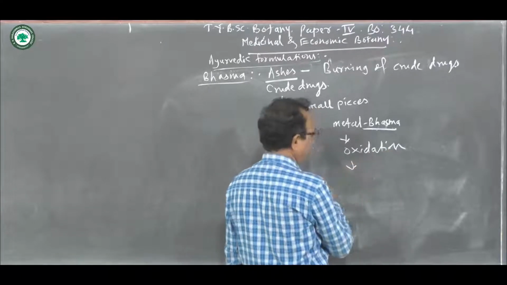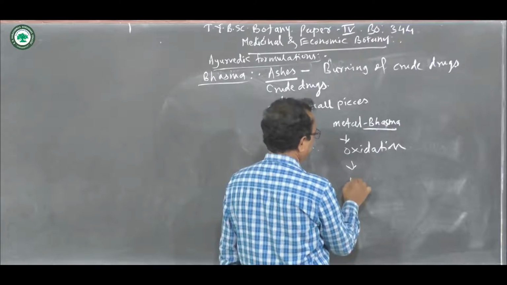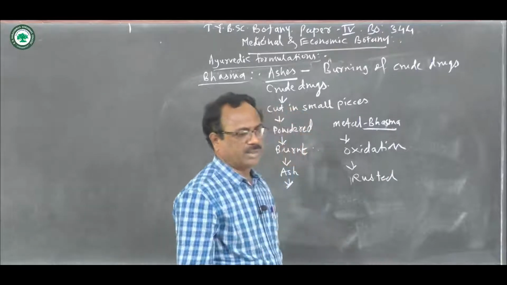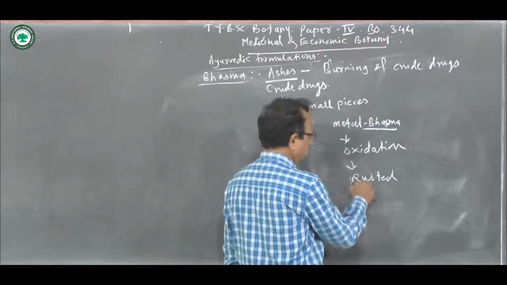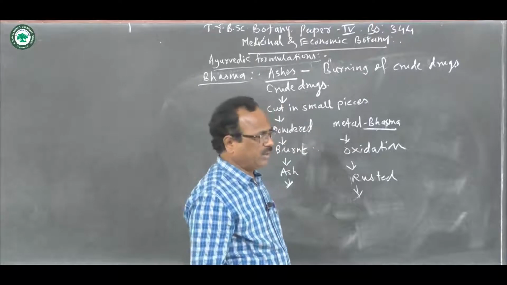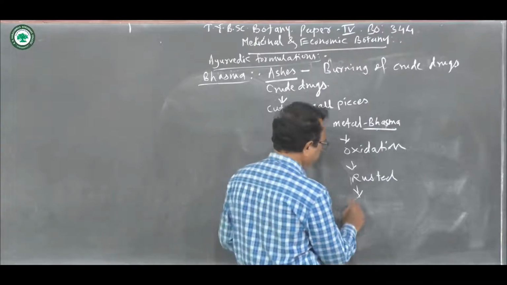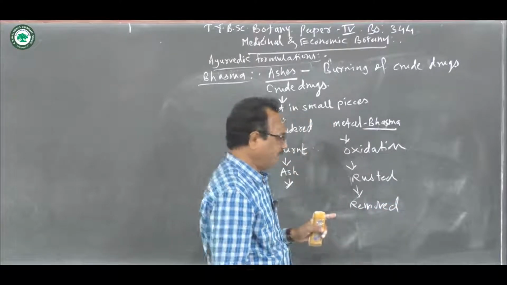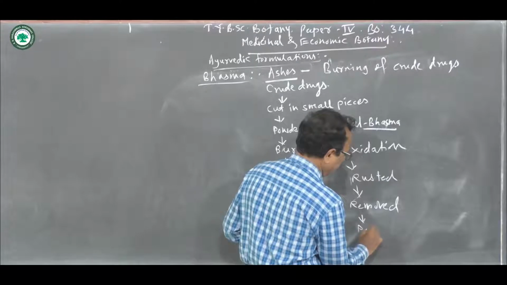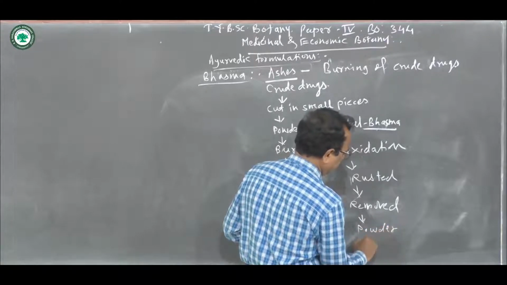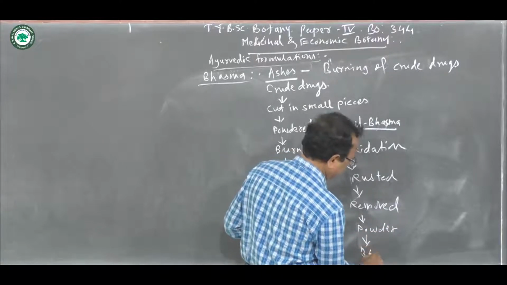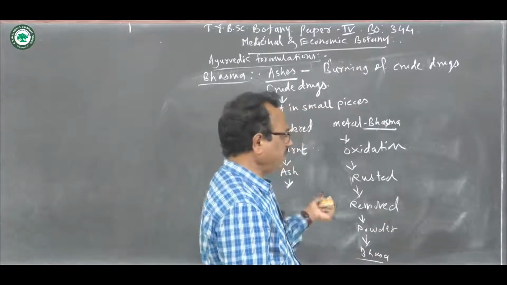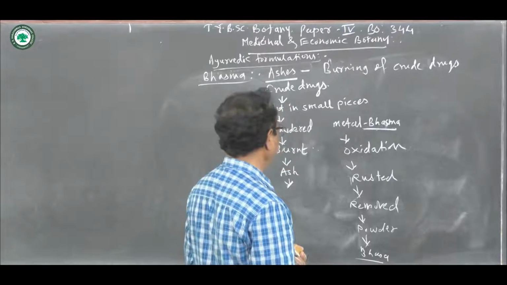After oxidation, the metals get rusted. After rusting with the oxidation process, that rusted part is removed in the form of powder, and then that entire material is used as a Basma. So it is used for curing different types of diseases.